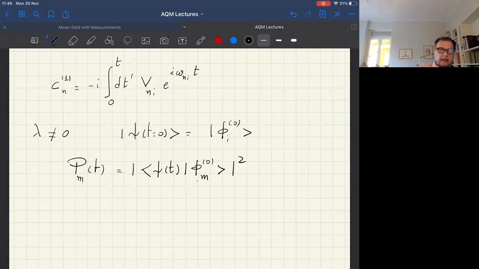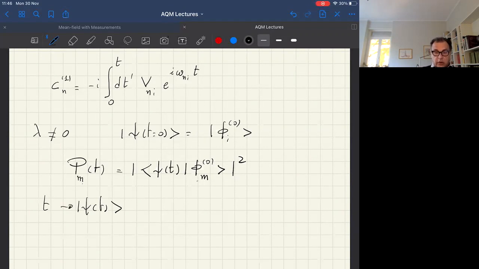So actually, let's forget about what I wrote before, because it was not completely wrong, but it was confusing. What I want to know is that the system at time t will be in the state psi of t. Do you agree?